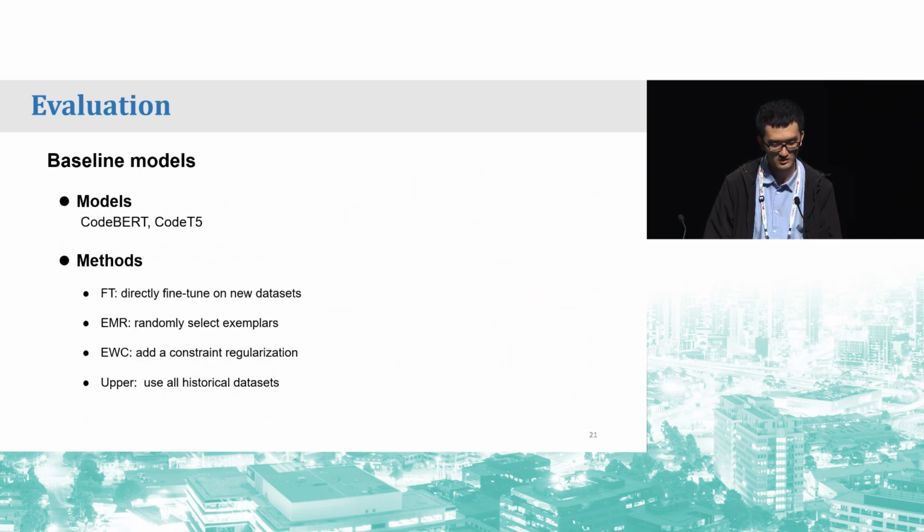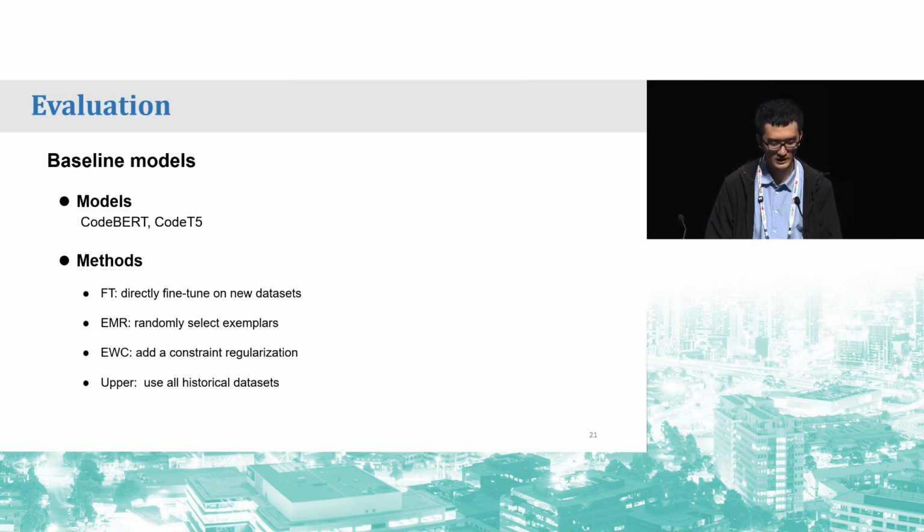For the baseline models, we experiment with two pre-trained code models, CodeBERT and CodeT5, as our base models, and compare REPEAT with 4 training strategies. Here, FT means directly fine-tuning the model on new datasets.